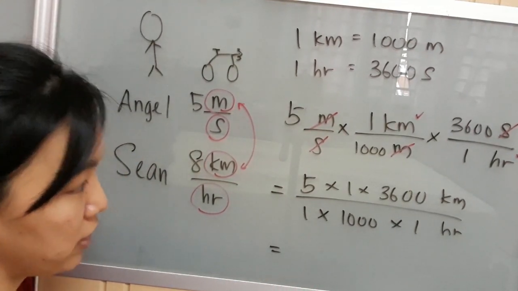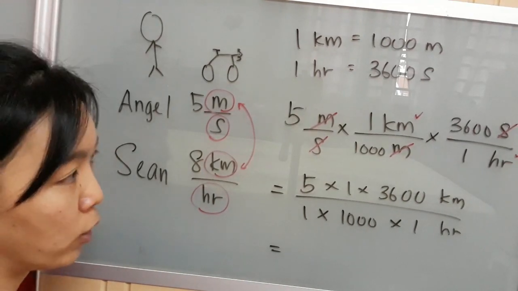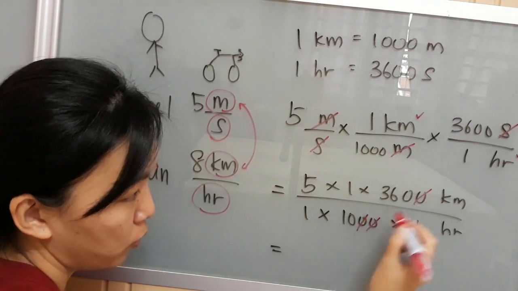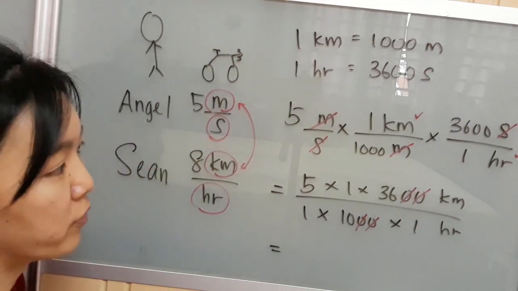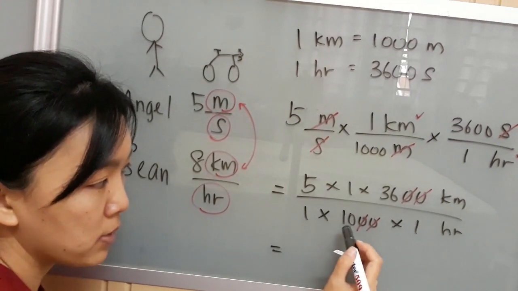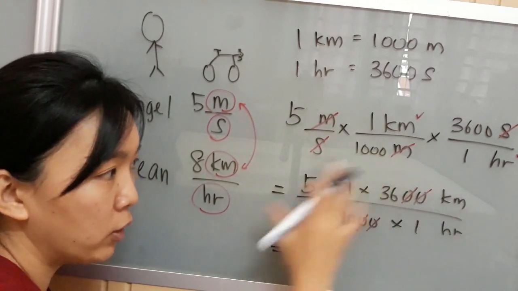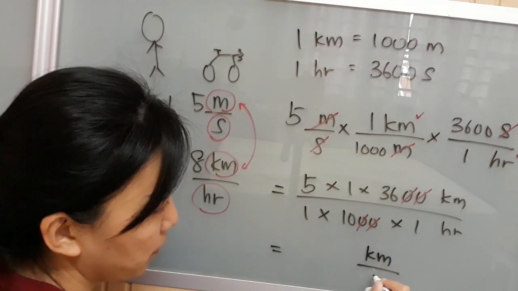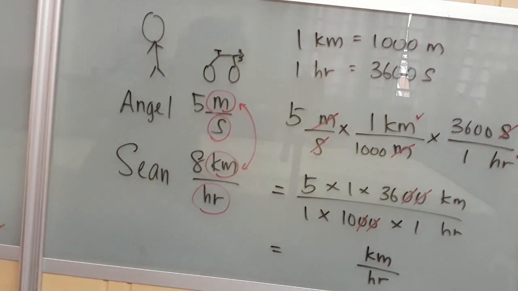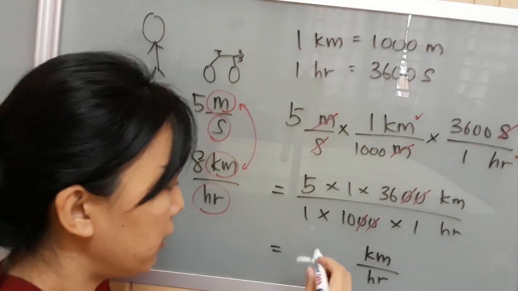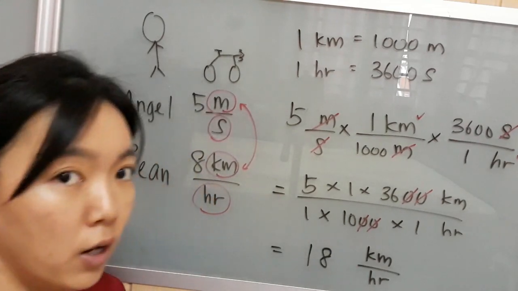I put everything into the calculator: 5 times 1 times 3600, divided by 1 times 1000 times 1. Then you will get the answer. From the calculator, you should be able to get 18 km per hour.